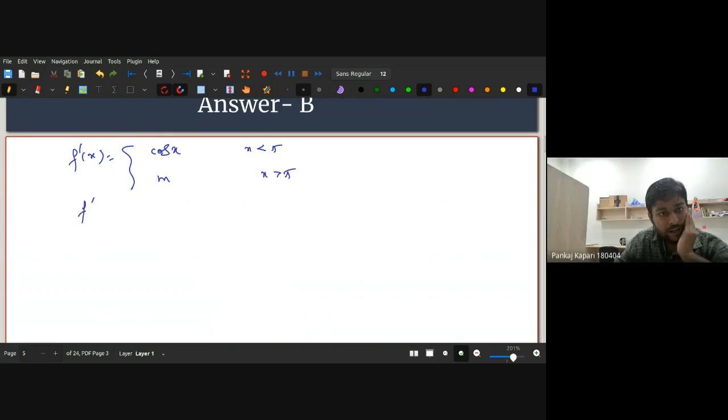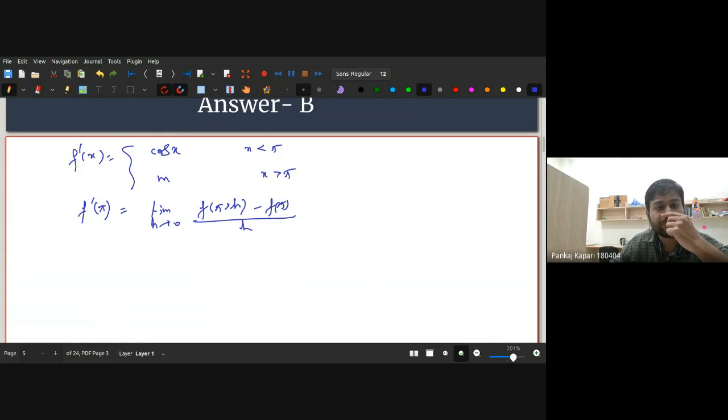Okay, but what about at pi? You still have to find f prime of pi, right? We must find this limit as h tends to 0 of f of pi plus h minus f of pi, divided by h. So on the left hand side you can differentiate, on the right hand side you can differentiate, but at pi we still have to find this limit because we don't know how to differentiate, since the function is given in such a way.